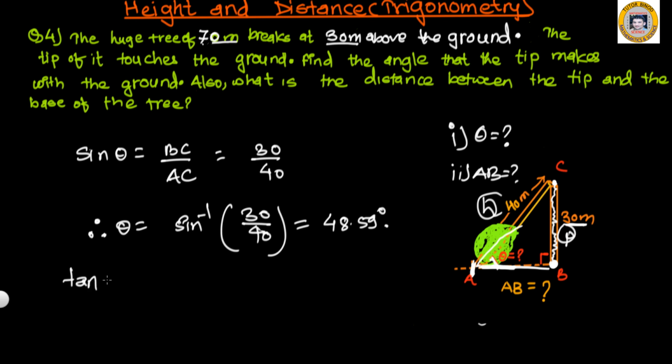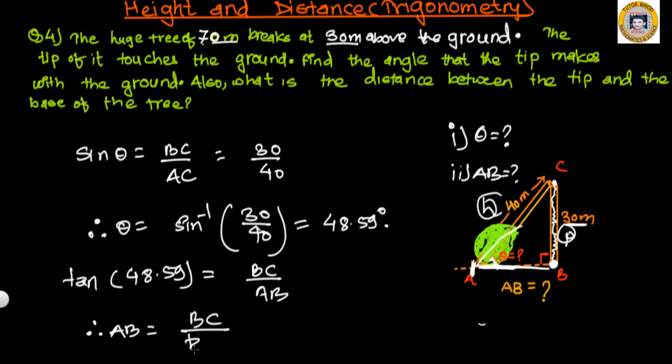Tan theta, which I just found, which is 48.59, equals perpendicular, which is 30 meter. Let me write it as BC first. BC over my base is AV. I'm supposed to find AV, so AV equals BC over tan 48.59.